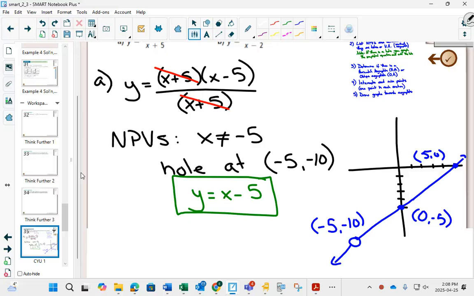And this is why we have to do a bunch of examples with this, because in example 1, we didn't even get to step 3, because once we simplified it, it no longer was a rational function. It just was a straight line with a hole added to it. Okay. Yes. When we're drawing the hole, you want us to limit the size of the hole to that one point? It is just that one point.